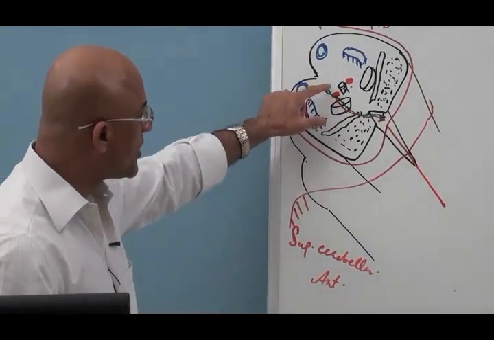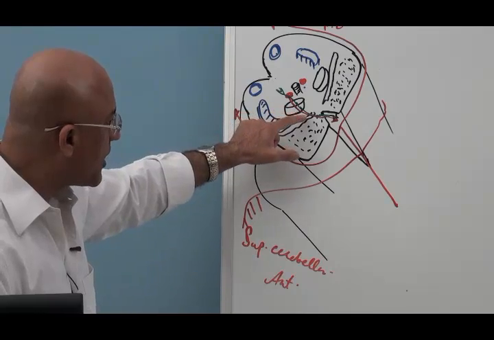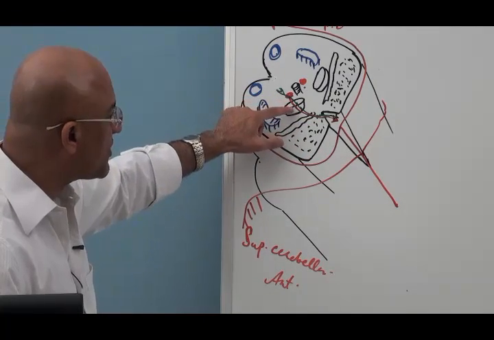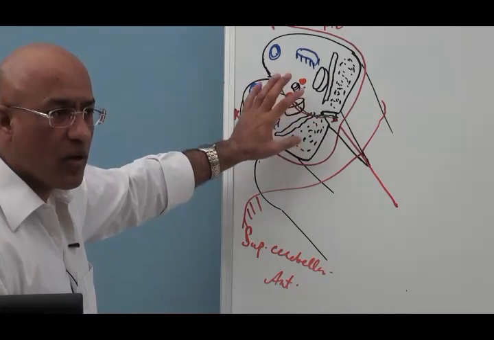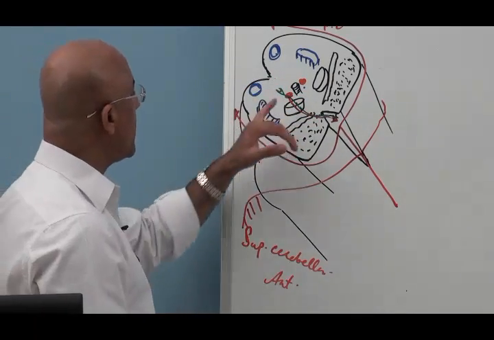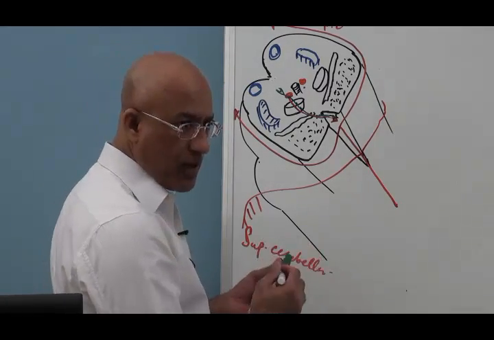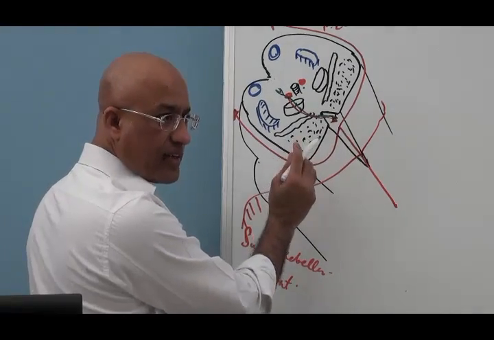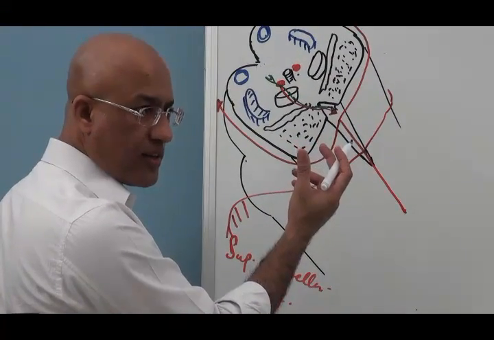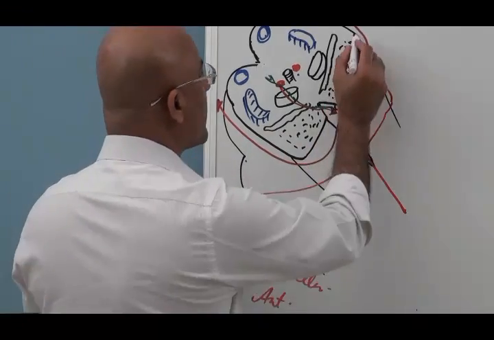Now, what can damage this nucleus of the third nerve, the nuclear complex of the third nerve, or the fibers of the third nerve while they are traversing within the midbrain, right? What are the damages here? Of course, some damage can be very simple. For example, if these blood vessels which are supplying here rupture, there is hemorrhage, or a blood vessel is blocked, because from here the vessels are going in.